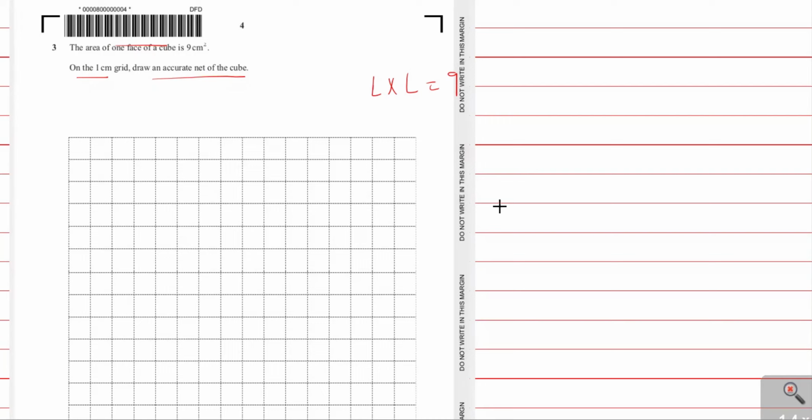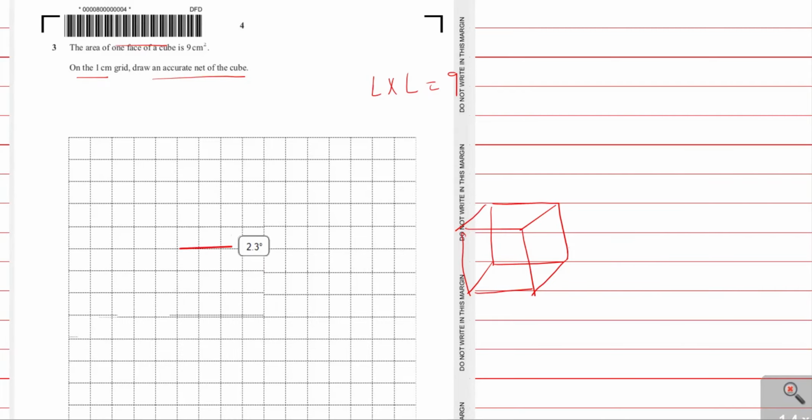We have to draw the net of the cube, and the net of the cube has 6 faces, and all these faces will be squares. Therefore, we will draw all 6 faces for the net. Look here, we will draw the first face here.